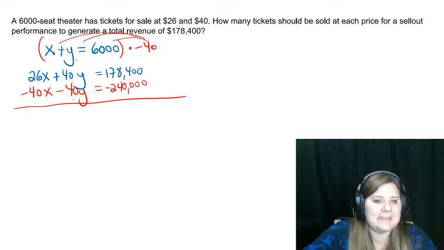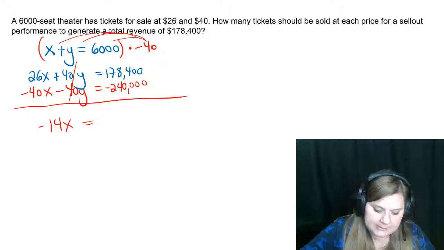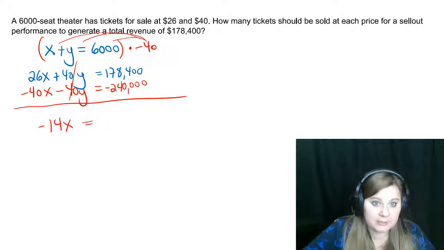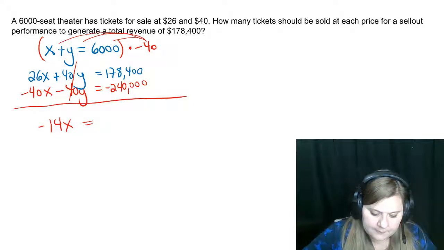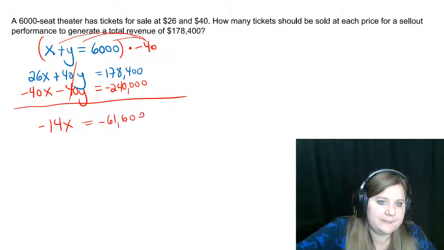So now I can add down, and I get -14x equals, and 178,400 minus 240,000 is -61,600.